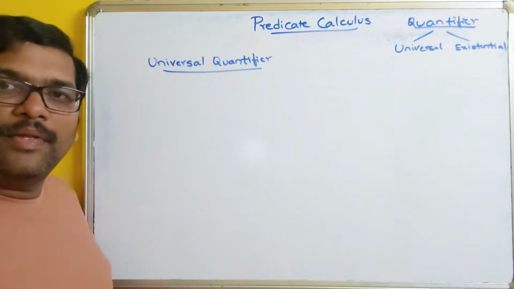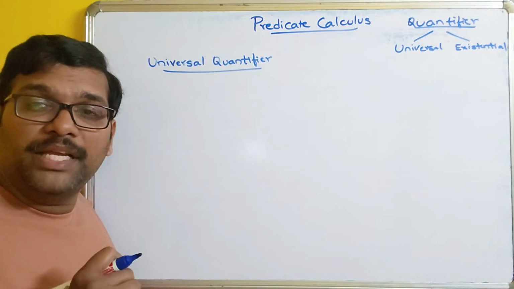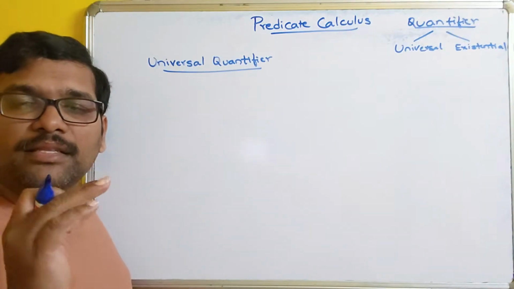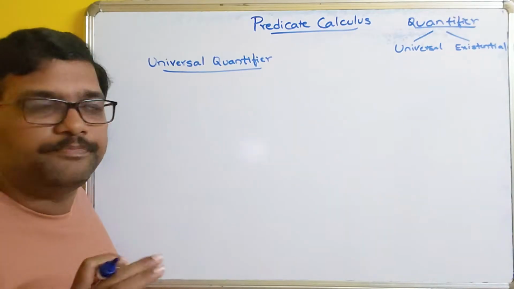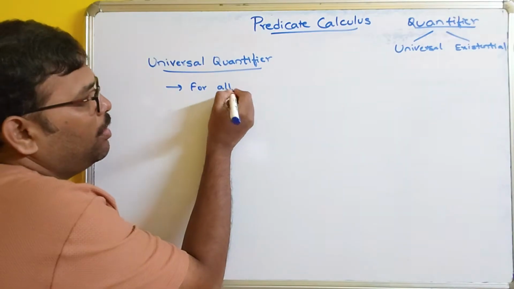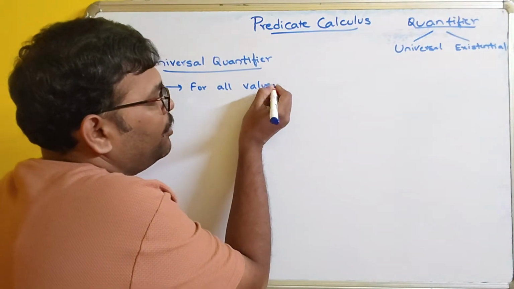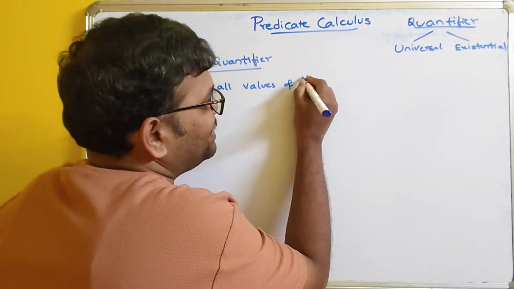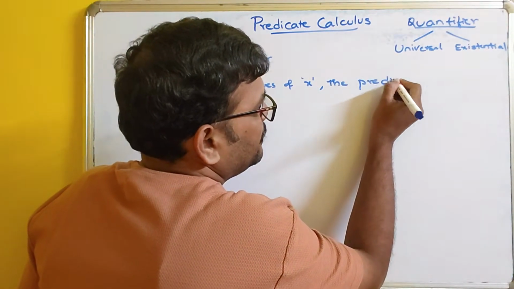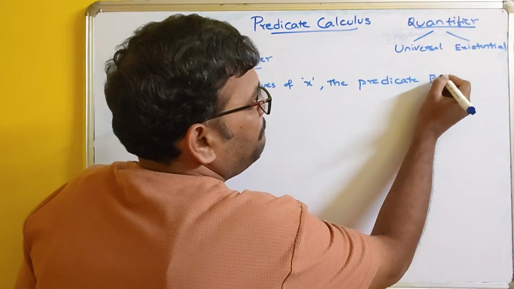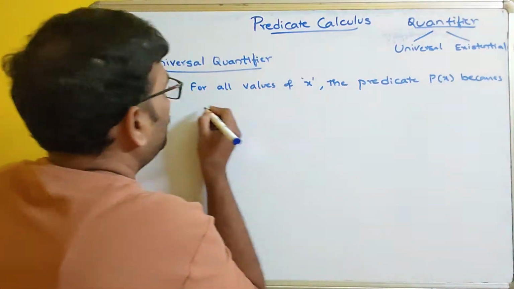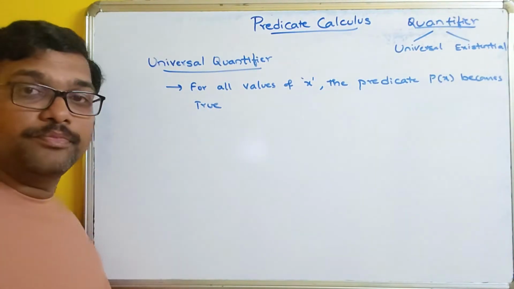Universal quantifier means that for all values of X, the predicate P of X becomes true.